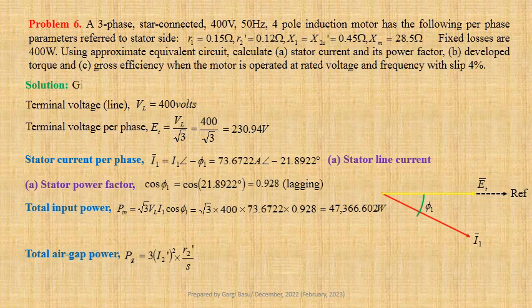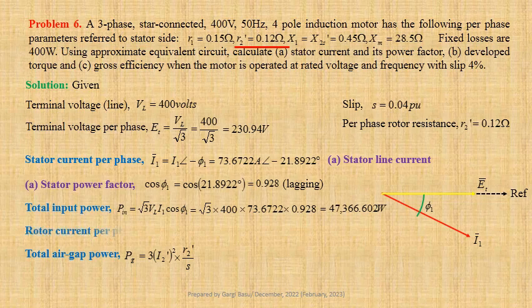Expression for total air gap power: Pg equals 3 times I2 dash square into R2 dash by S. Given per phase rotor resistance referred to stator side R2 dash equals 0.12 ohm and slip S equals 0.04 per unit. We have determined rotor current per phase referred to stator side I2 dash equals 70.4945 ampere.